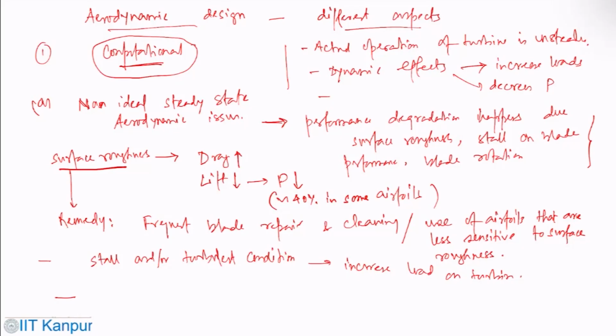So proper airfoil selection needs to be made so that you can have delayed stall or may produce more power than expected. Also, for different wind conditions, it should be able to adjust to the situation. Okay. So these are non-ideal steady state aerodynamics issues.